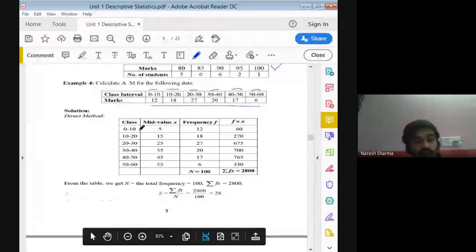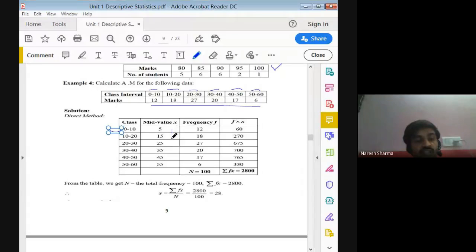First of all, we need the midpoints of these classes. That is, 0 to 10 midpoint is 5, 10 to 20 midpoint is 15. You may just check the average: 10 plus 20 divided by 2, that is 15, which is the midpoint. Similarly, the next midpoints are 25, 35, 45, and 55, that is 50 plus 60 by 2.